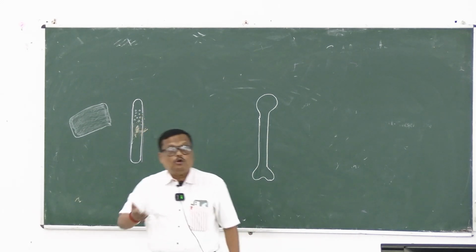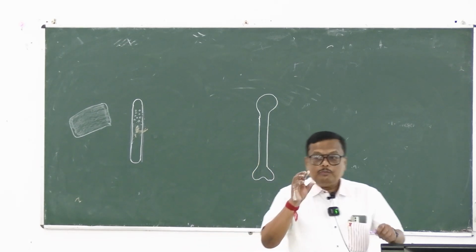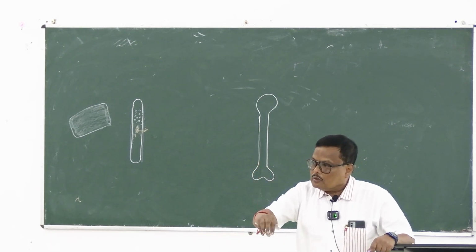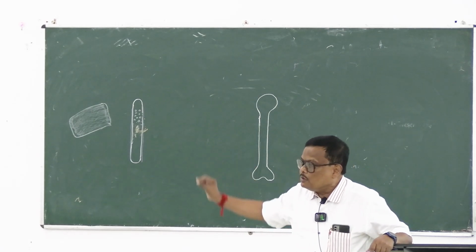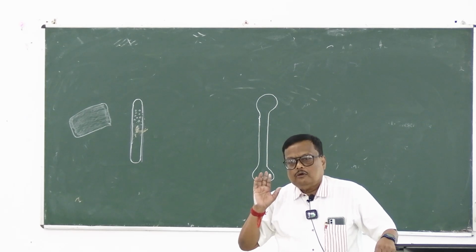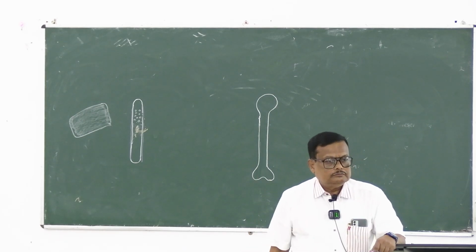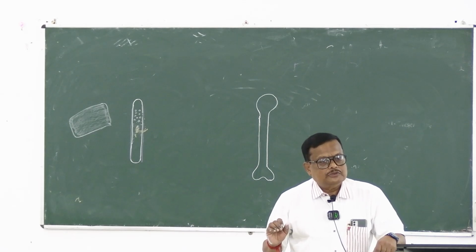The cartilage cell is not converted into osteoblast. I repeatedly told you, chondroblast is not converted into osteoblast. Osteoblast is a separate cell coming from outside into the middle of this sac of the future long bone. We call it the osteoblast, the bone forming cell.